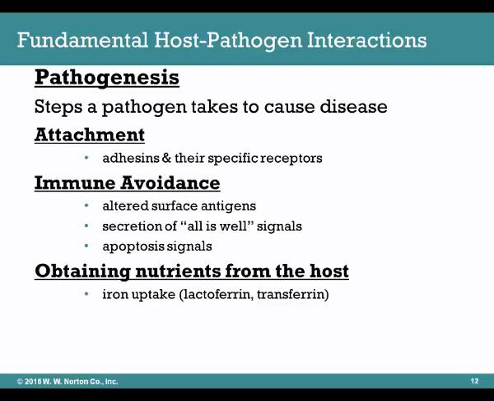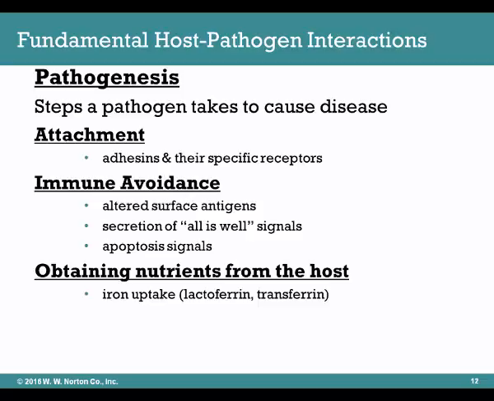And then, of course, just like normal microbiota, any pathogen has to find a way to obtain the nutrients that it needs from the host. And iron is really a challenging nutrient to get, but most pathogens require it. That's because there's really no free iron floating around in our body.